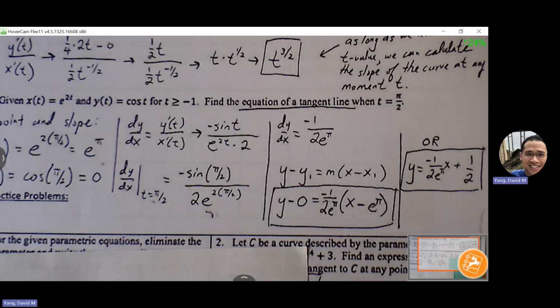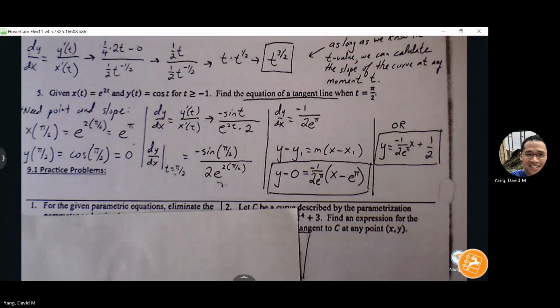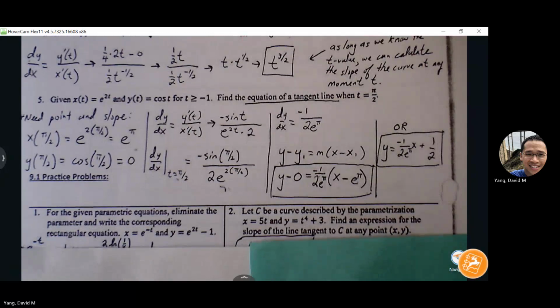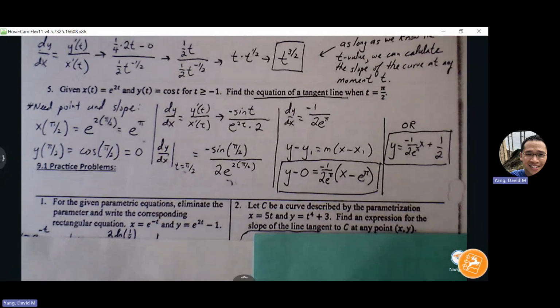Okay, practice problem. Let's try number 1. Any questions so far? Okay, for the given parametric equation, eliminate the parameter and write the corresponding rectangular equation.